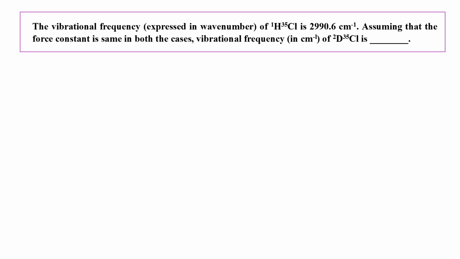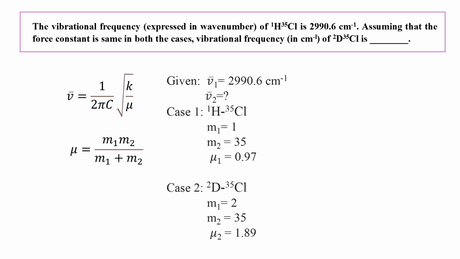The vibrational frequency expressed in wave number of HCl is 2990.6 cm inverse. Assuming that the force constant is same in both the cases, the vibrational frequency of DCl is. Now the formula for vibrational frequency is 1 upon 2 pi c under root k by mu. Here c is the speed of light, k is the force constant, and mu is the reduced mass, that is equal to m1 m2 divided by m1 plus m2.